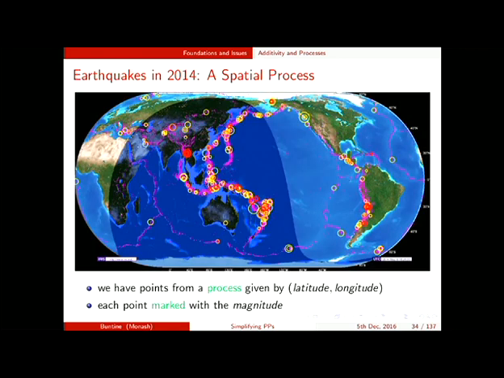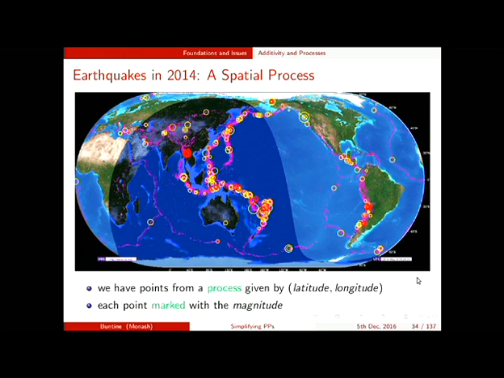So here's a spatial process you can understand. There's two parts to this. One is the points in location, and that's spatial. So where does the point appear? The other part to it is the size of the point. So a spatial process says where on the map and what's associated with the thing on the map.